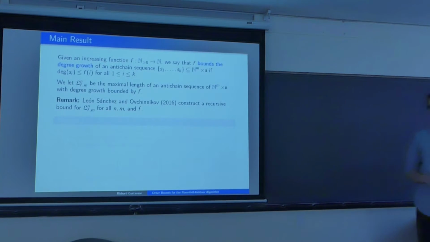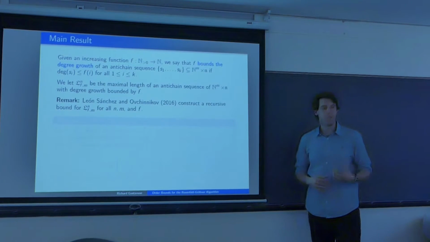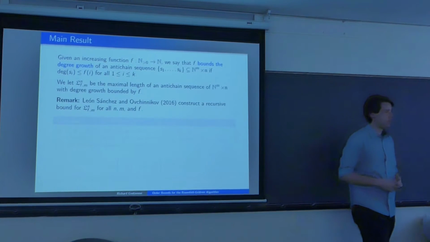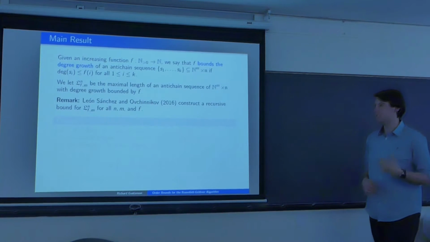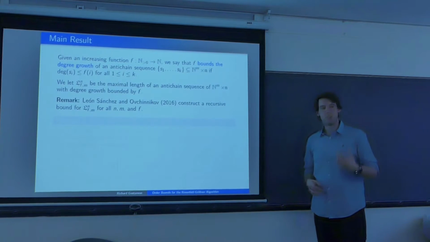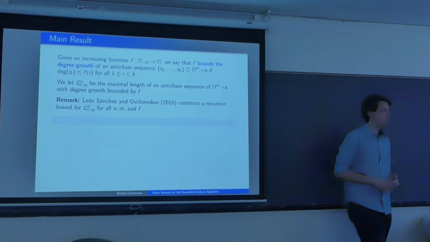So here is the main result. If we have an increasing function f from the natural numbers to natural numbers, we say that f bounds the degree growth of an anti-chain sequence in N^m cross n if the degree of the i-th element is less than or equal to f of i.